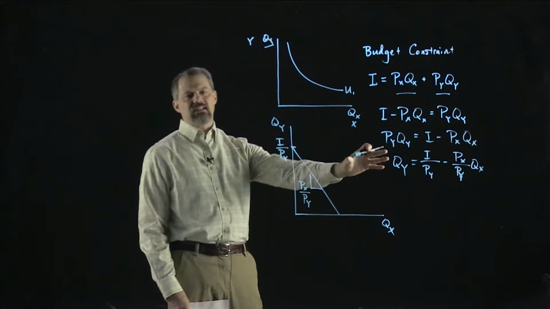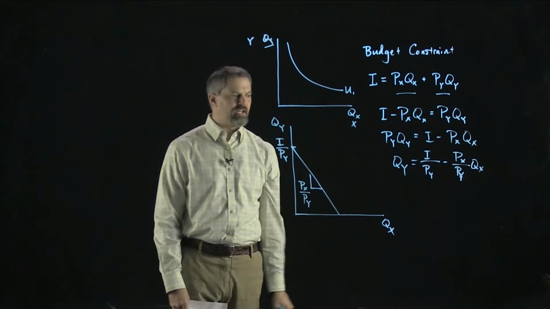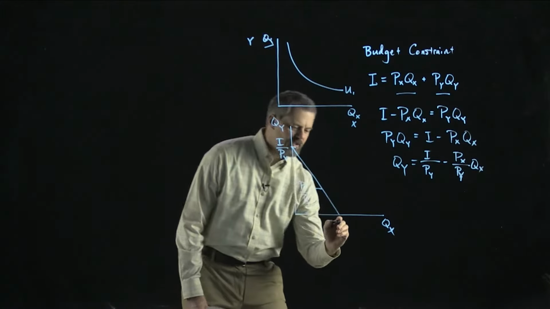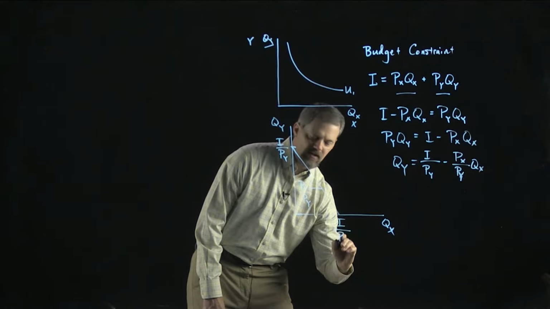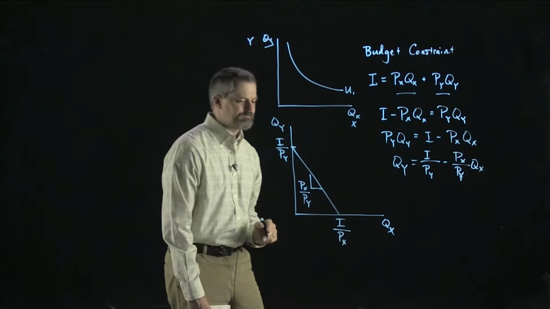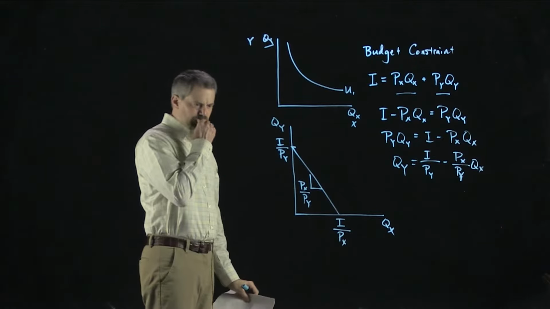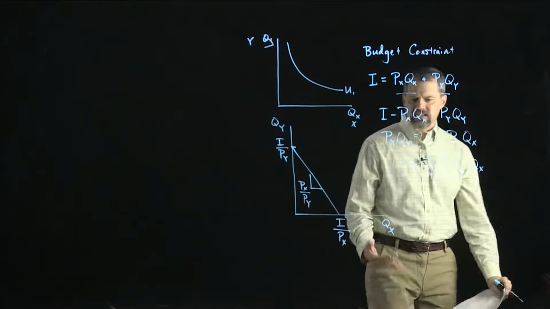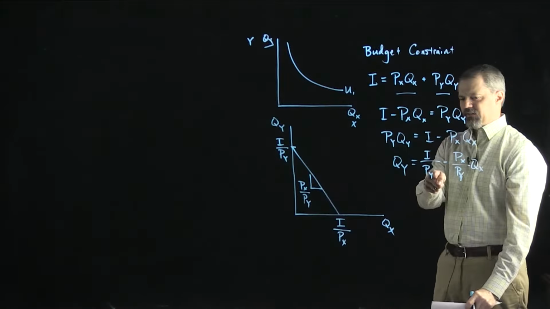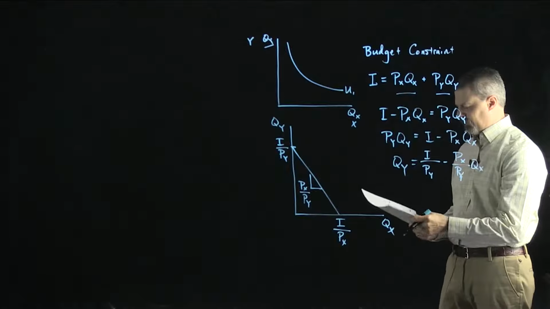And you can't see it from that version of it, but I can tell you this horizontal intercept is the amount of income divided by the price of good X. So there's what our budget constraint looks like. It's linear. We've got our intercept and we've got our slope.